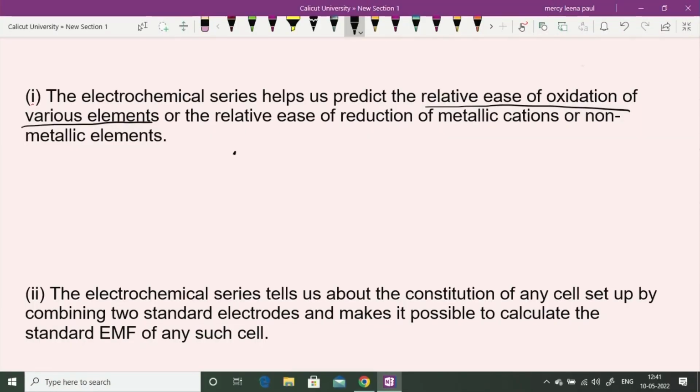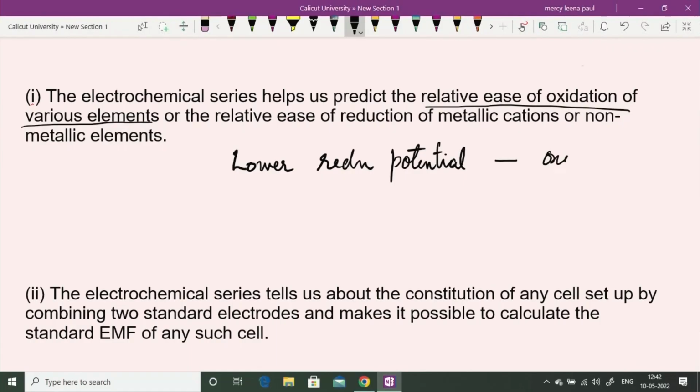Any element with a lower reduction potential, that is, those lying above, since reduction potentials increase as we come down, shows a tendency to get oxidized rather than reduced.